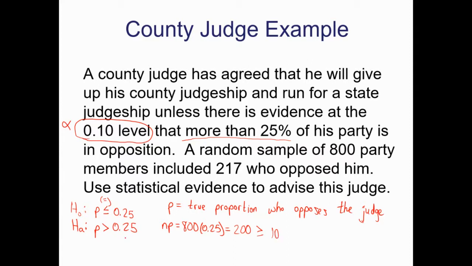Okay, let's check just to make sure n times q, which remember is 1 minus p, which would be 600. That's certainly greater than or equal to 10. So is our sample big enough?